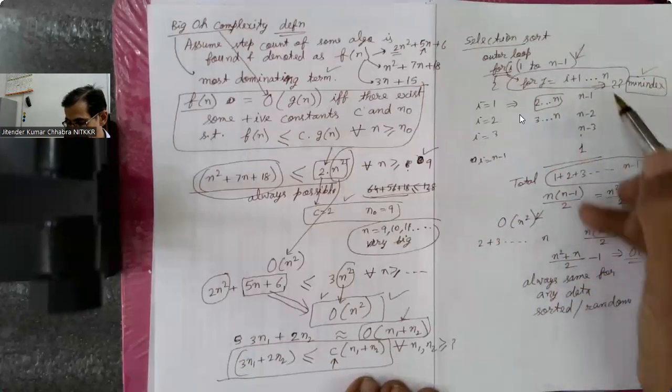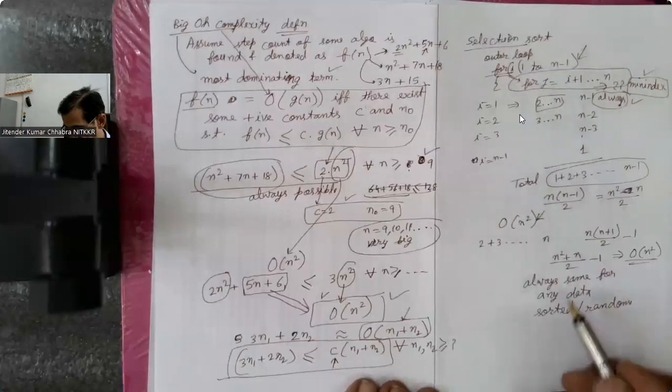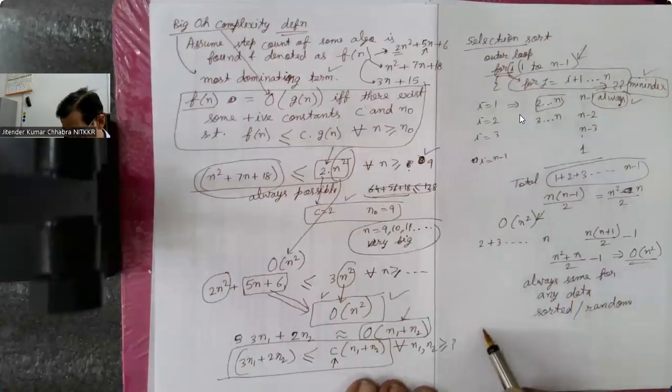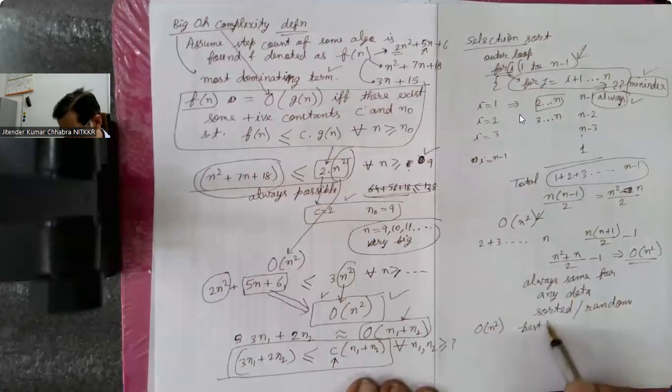So every time these steps are always going to happen. Hence, my time complexity is order of n square always, for best case, average case, or worst case.